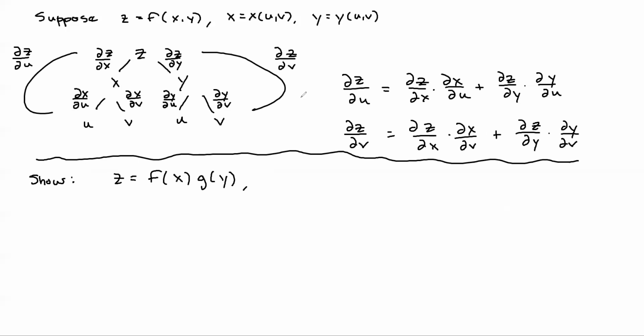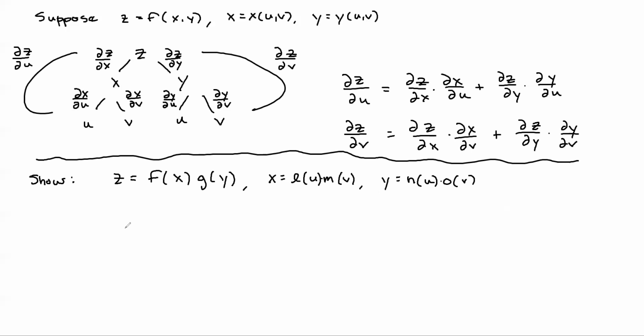And then we're going to say that we could do the same thing for these two. You could say x equals L of u times m of v, and then y equals n of u times o of v. So we've got a lot of functions here, but that's the one case that you can easily go through and show, and so that's why we're going to do it that way.